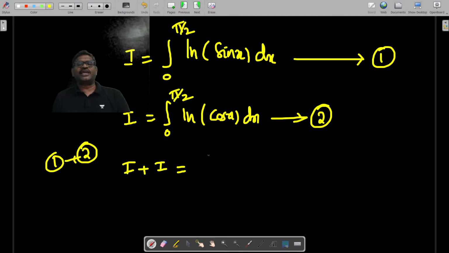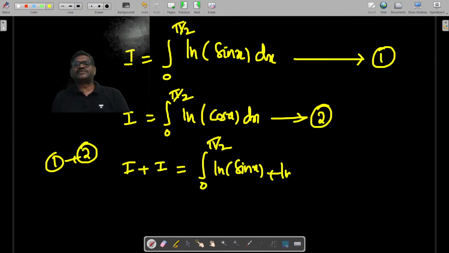I plus I, integral 0 to pi by 2 of log sin x plus log cos x dx.